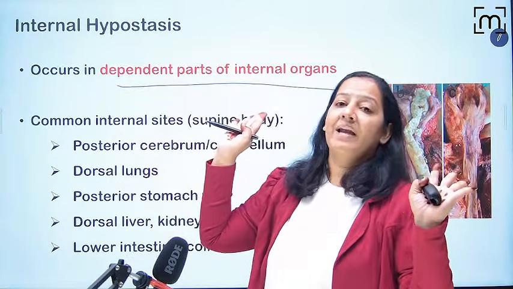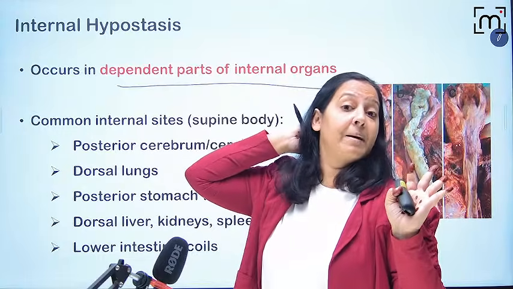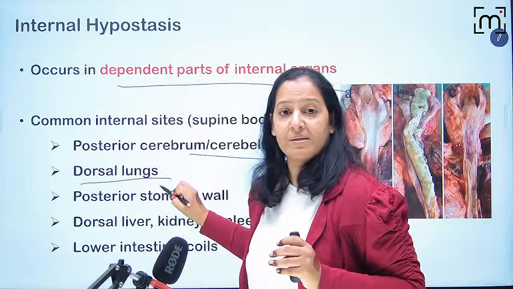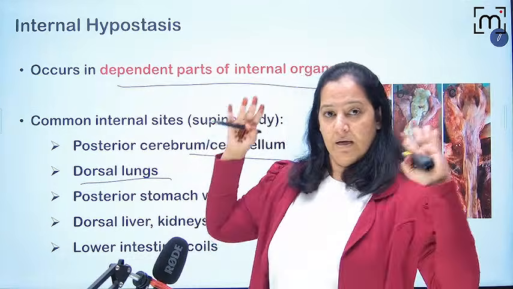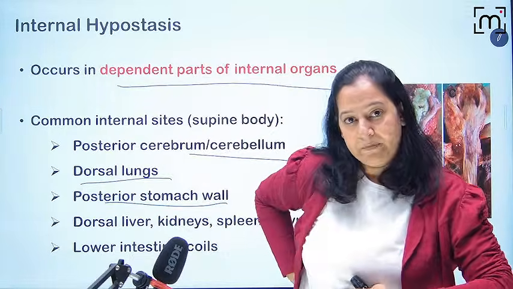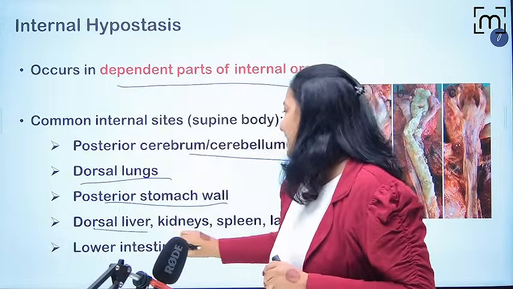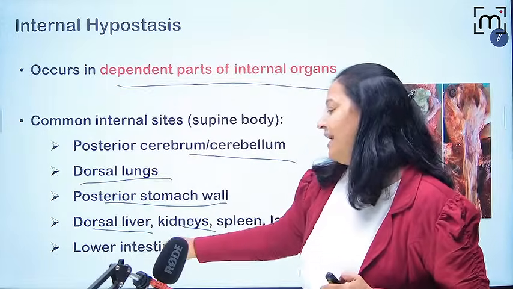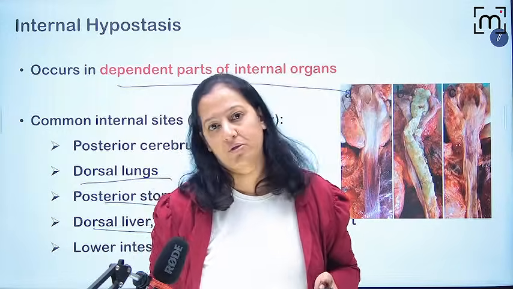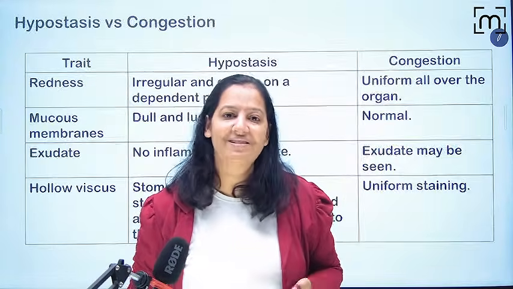Suppose the dead body is supine like this, so it will be on the cerebellum. It will be on the dorsal lungs, not the ventral lungs, the posterior stomach wall, not anterior, dorsal liver, kidney, spleen, larynx, and lower intestine. So if you do the autopsy, you will find lividity in the internal organs also. Common sense, gravity works everywhere.